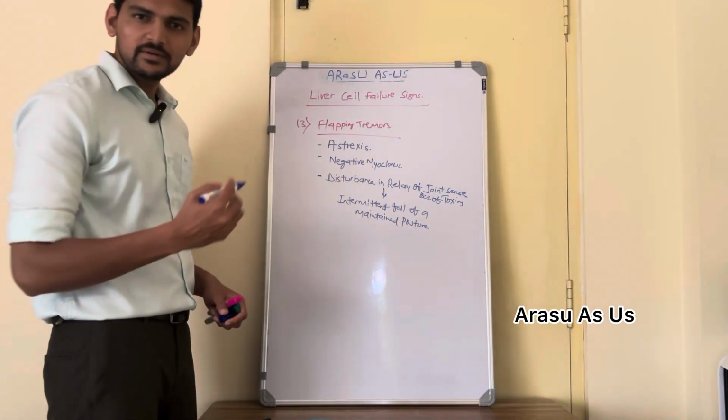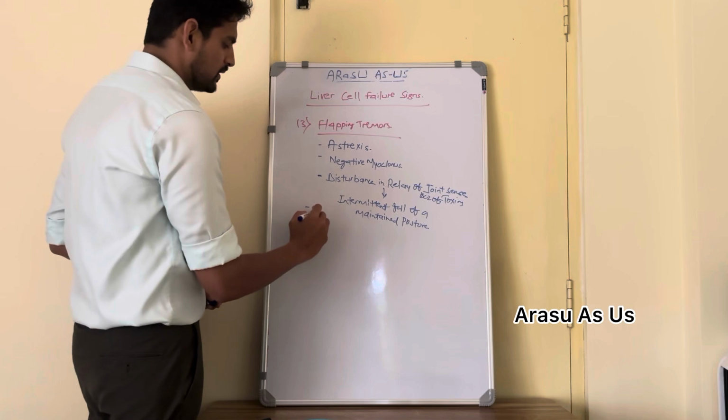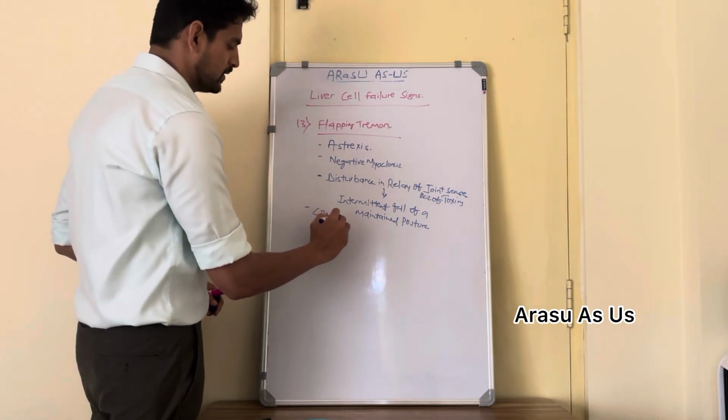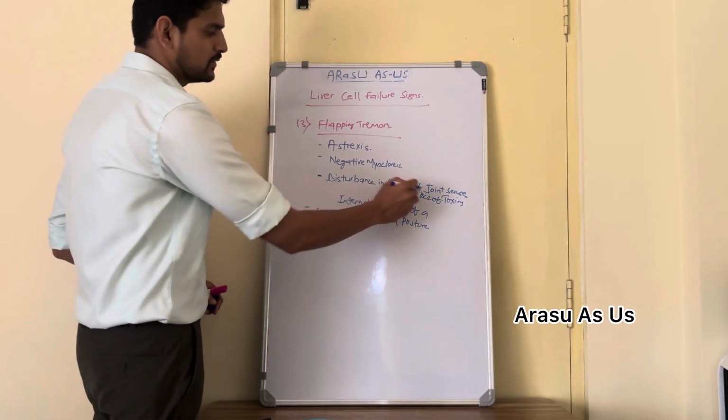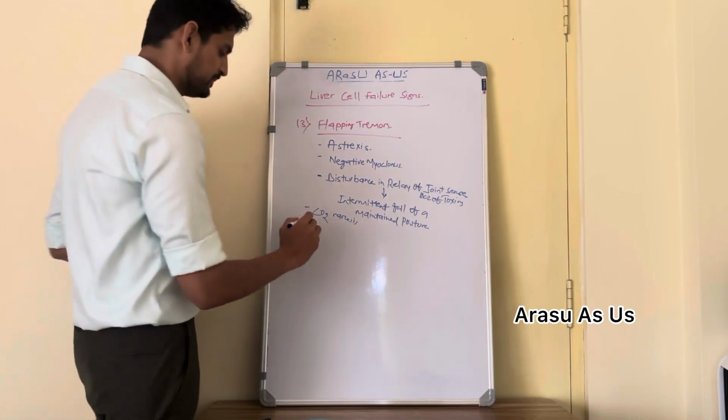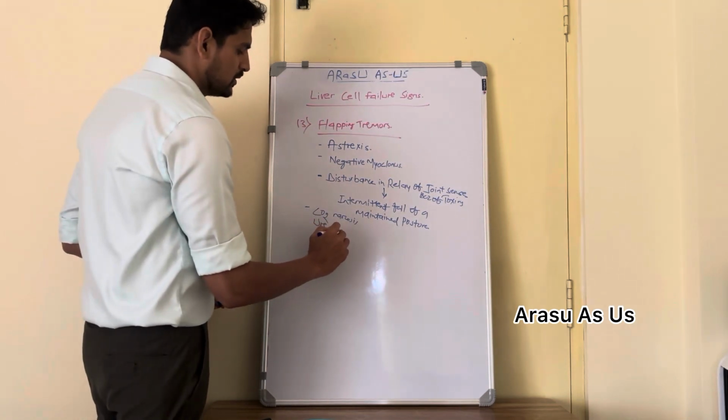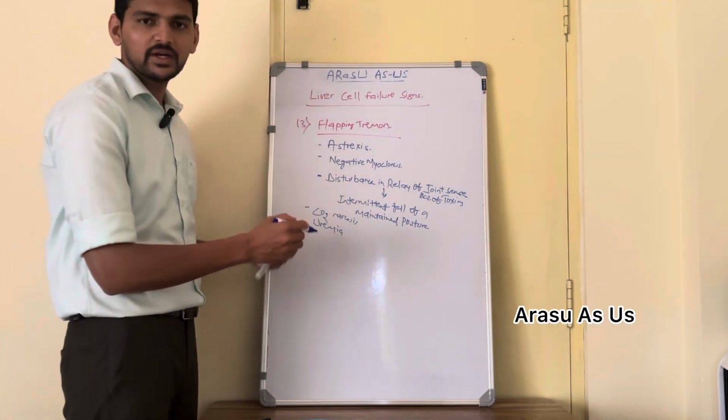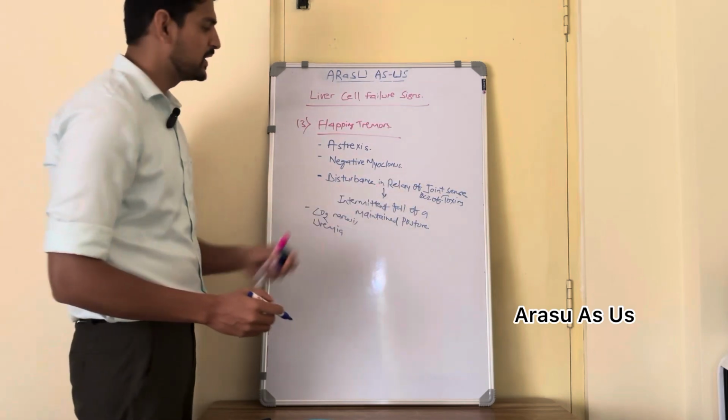The same thing is observed in some other conditions. For example, CO2 narcosis, where excess CO2 will interfere with the relay of that sensation. Even uremia. When there is renal injury and increased urea and other toxins, again those toxins will interfere with the relay.